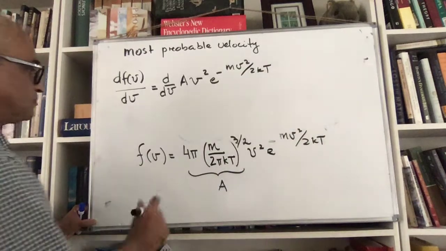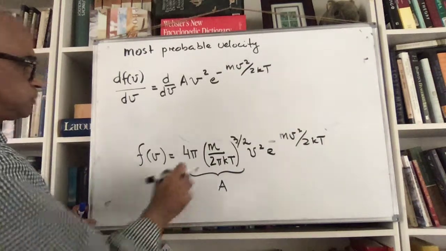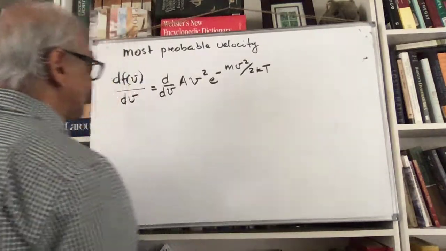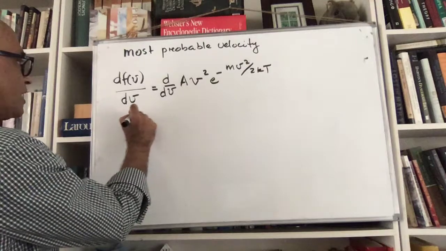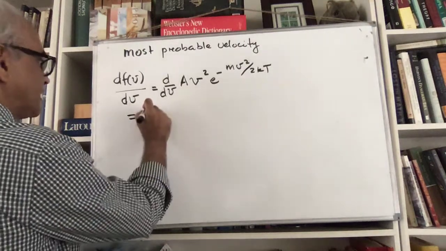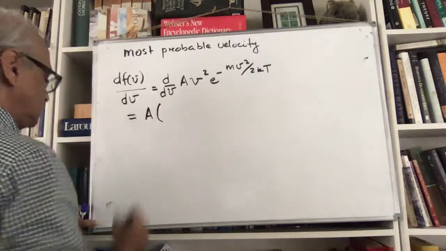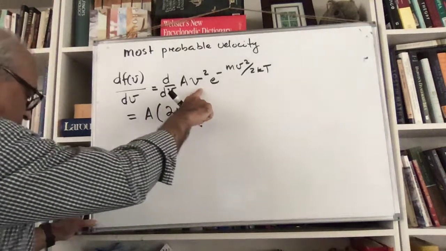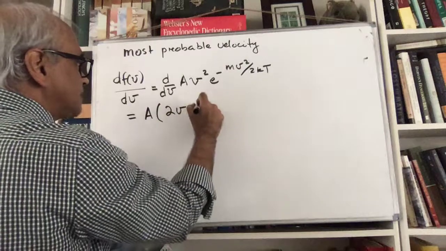Keep this in mind. I'll just use that later on. Again, very quickly, what do I have? I have A, I can take A common. Let's not worry about this. I have 2V, I'm taking differentiation of this guy. Keep that untouched.